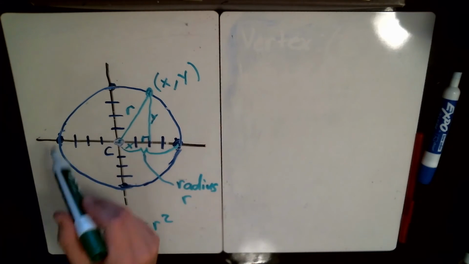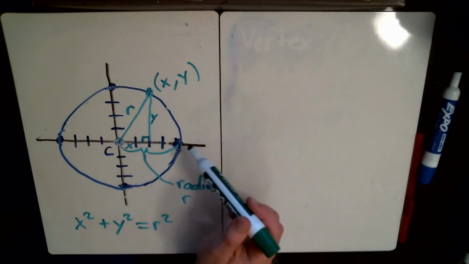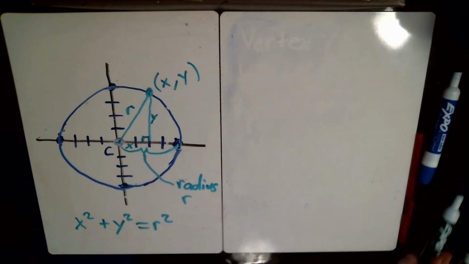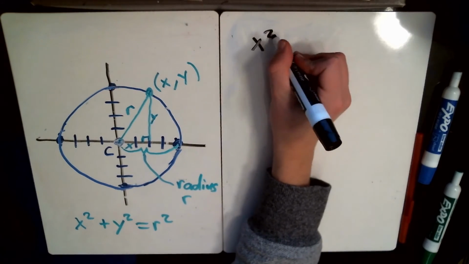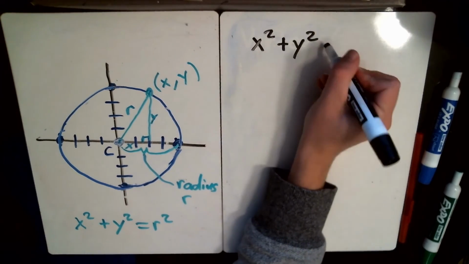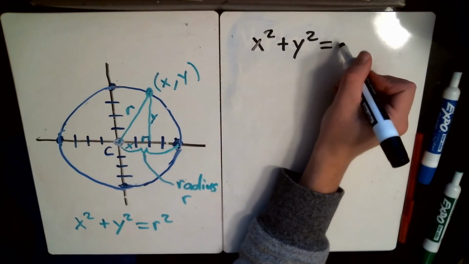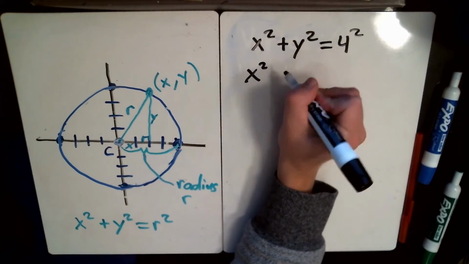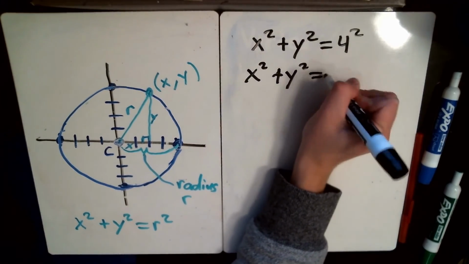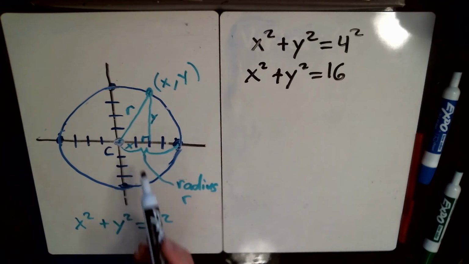So in this case, with the circle that I've drawn here, my radius was 4. So the actual equation of the circle would be x squared plus y squared is equal to 4 squared, right? That was my radius in this case, so it would be x squared plus y squared is 16, okay? That would be the equation of this circle that I've drawn.